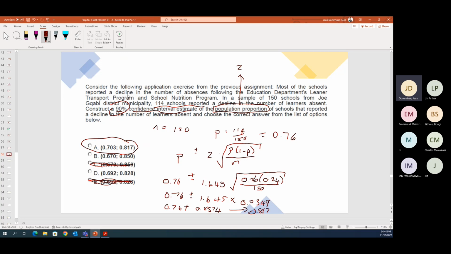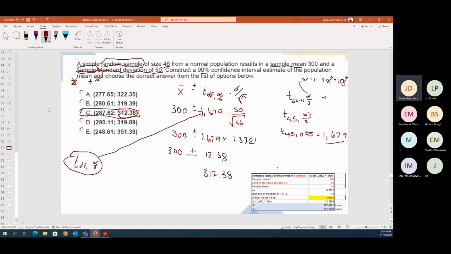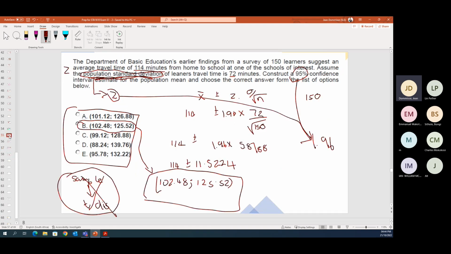Okay, so that covers the confidence interval. So there's a proportion that you can get. There's one that's a t that you can get, and then there's one that gives you, interesting, this looks nearly like the same set of data, but one that is a population standard deviation.